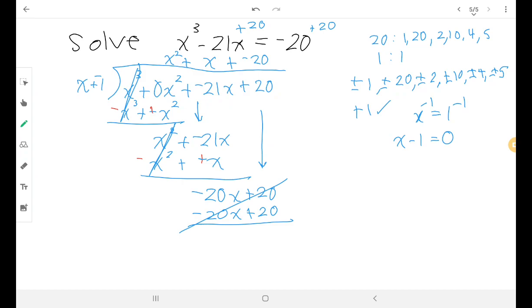And when you subtract them, they both cancel, leaving you with a remainder of 0. So now I know that x minus 1 times x squared plus x plus negative 20 is the same as x cubed minus 21x plus 20.